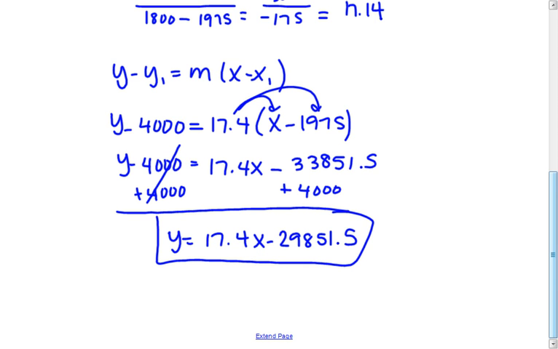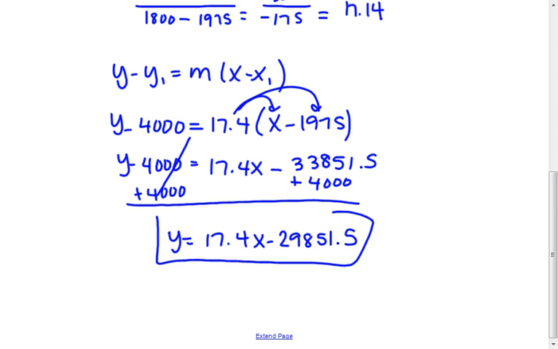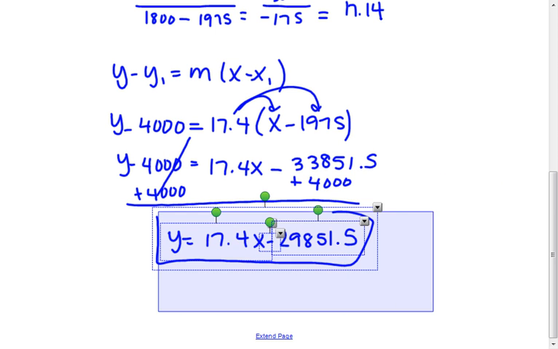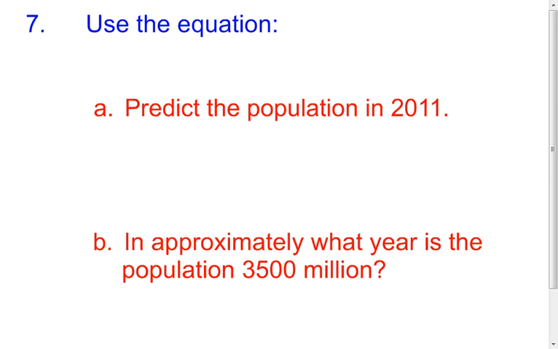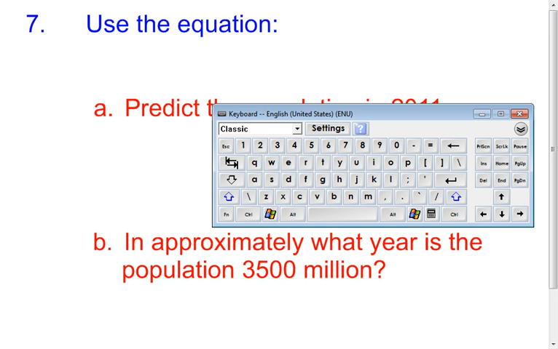Then in the next slide, it says predict the population in the year 2011. Okay, so first of all, I need to get my equation here.